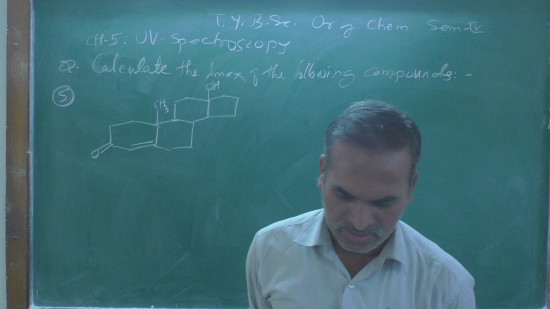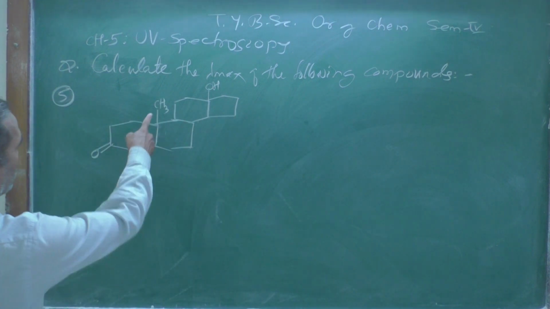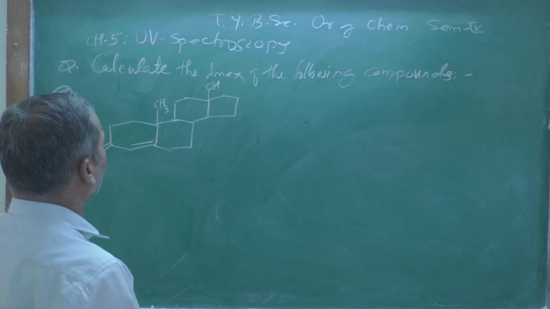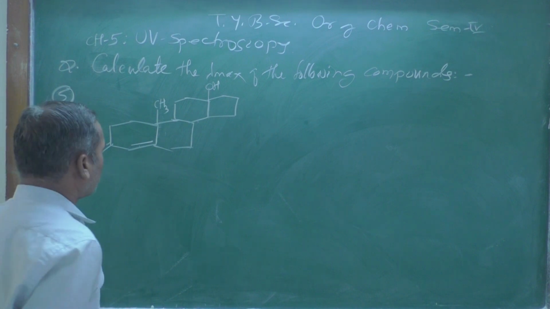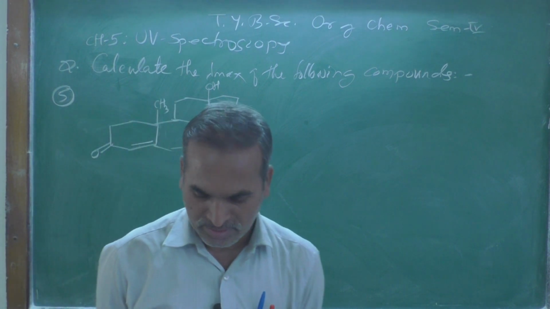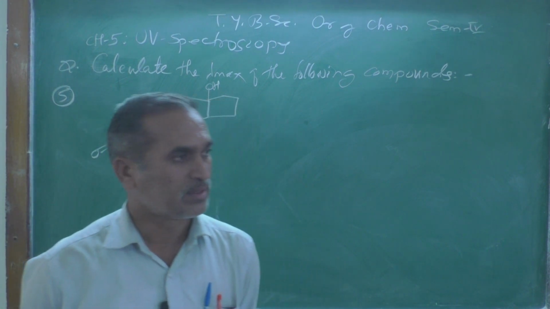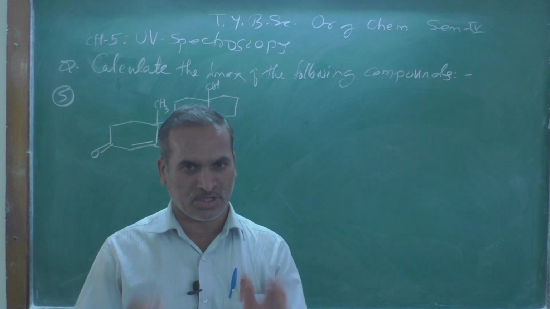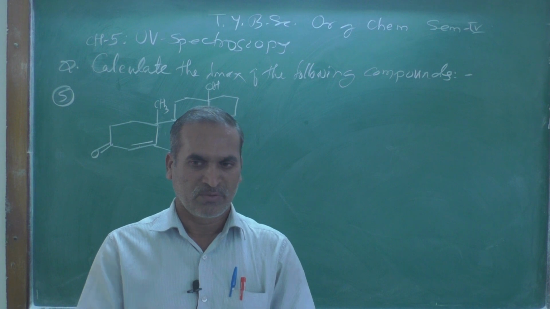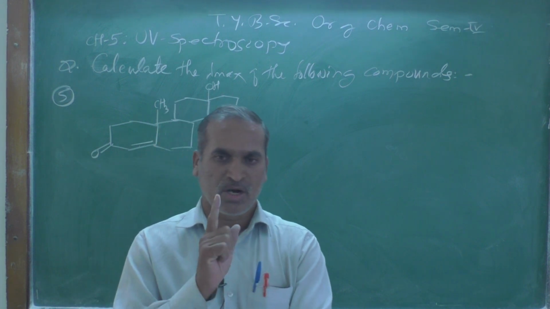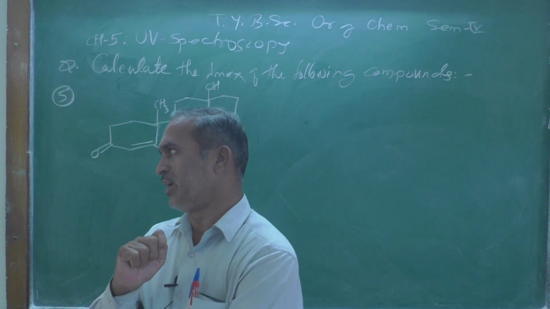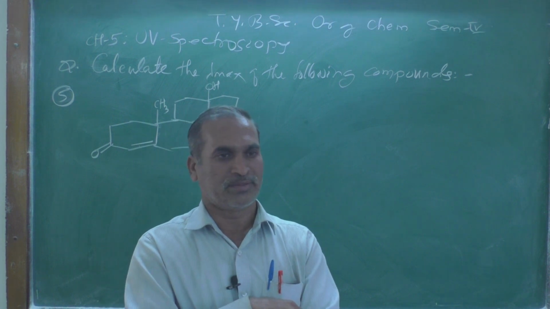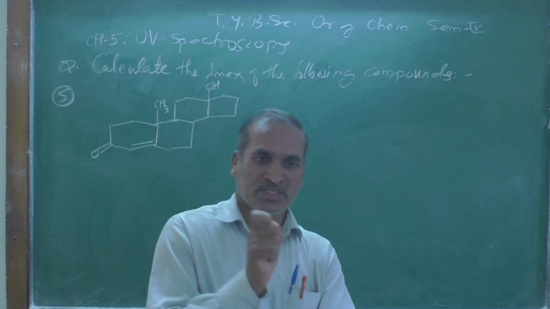This is a methyl group, or you can show it only as a stick. It doesn't change. If you observe this structure carefully, first identify what type of system it is.